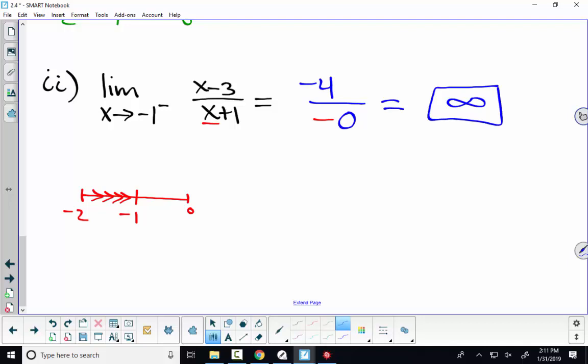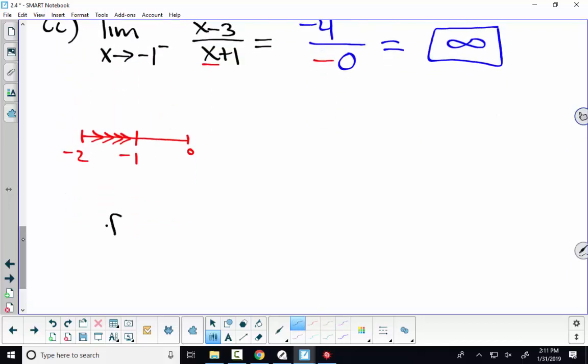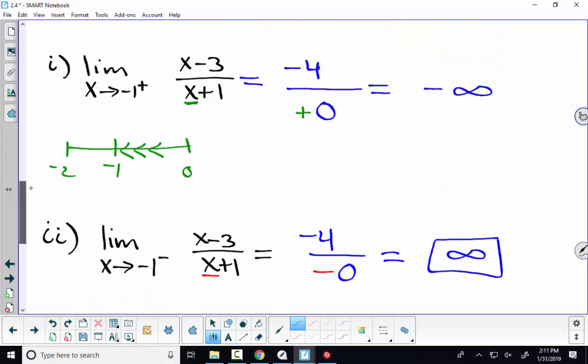So now we know that the function has a hole at 2, -1/3. And what else do we know about this function? Based on these two limits, what do we know?